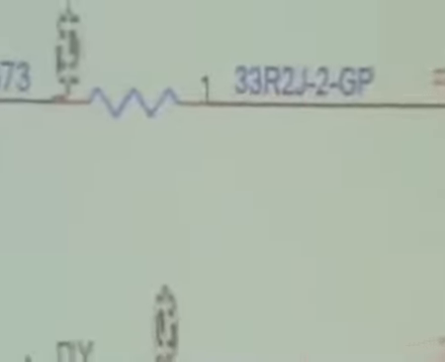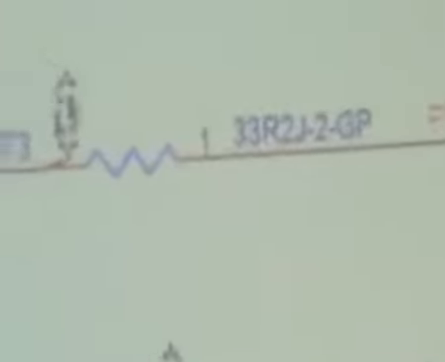That is, when you insert a processor, this processor will issue a signal to the clock generator. Here you see CPU underscore select. This signal will go to this clock generator, and the clock generator will generate a signal, here CLK CPU BCLK. This signal goes to the CPU.